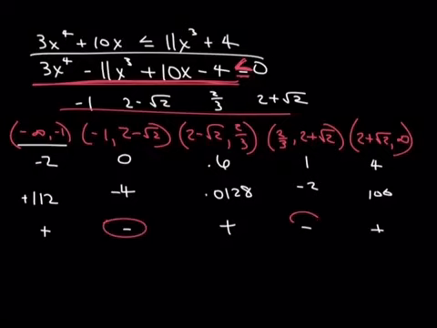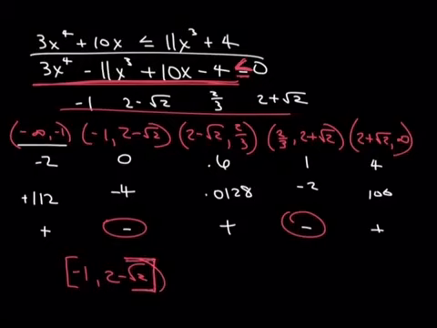So here and here are the two intervals I'm looking for. Because of the less than or equal to sign, I include my numbers in here. So there's one of my answers, and that unions with 2/3, 2 plus square root of 2, and I'm done.